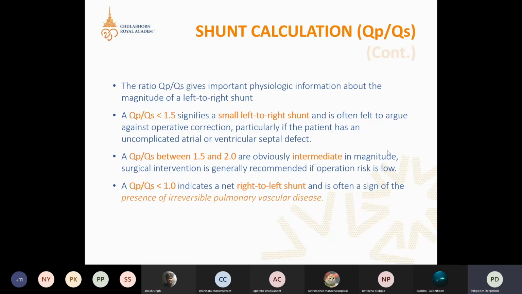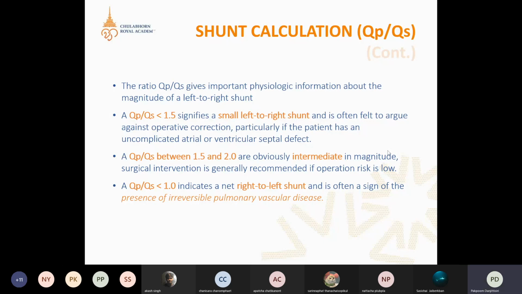And the last one, if the ratio is less than 1, it indicates that the patient has a right to left shunt, and definitely it presents irreversible pulmonary vascular disease.